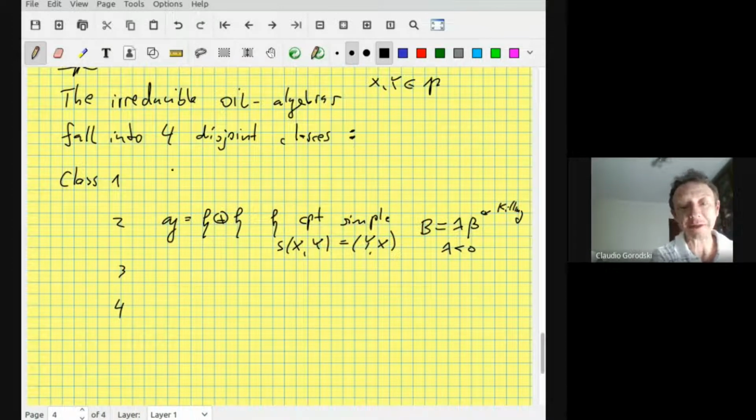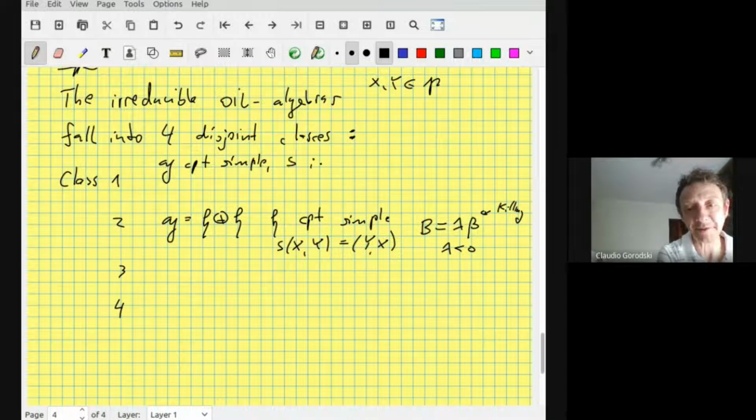So class 1 is, we have G compact simple, and S is an involution. And here also B is lambda beta with lambda negative. So this is class 1.